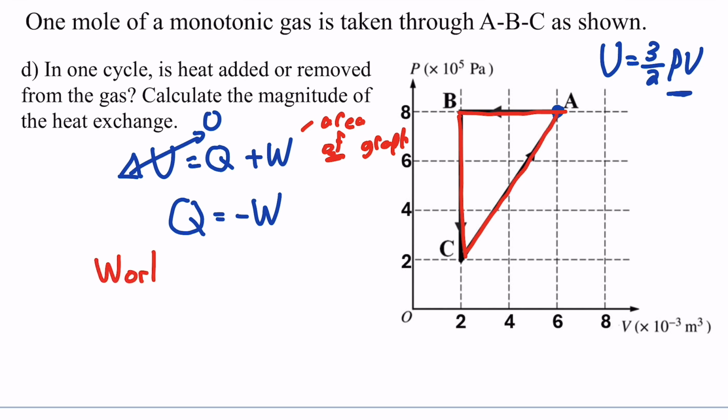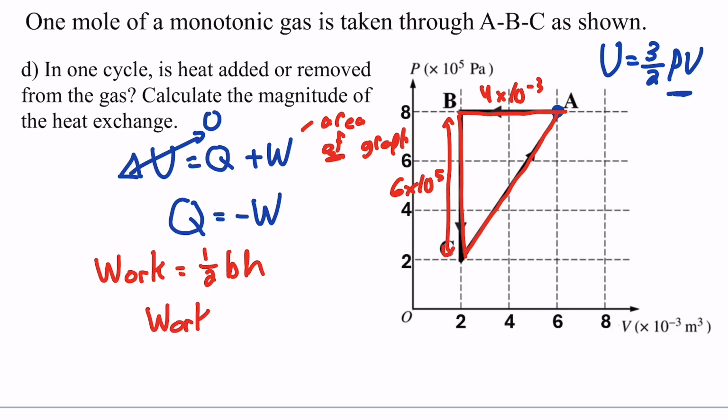So the work is going to be the area of that triangle, so it'd be 1/2 base times height. The base would be 4 times 10 to the negative 3rd, and the height would be 6 times 10 to the 5th. So plugging in numbers there for work, I would get that the work is 1,200 joules.